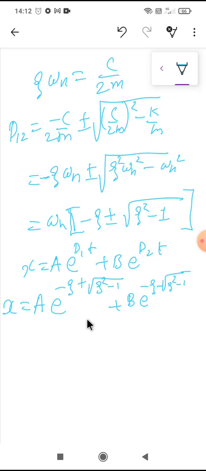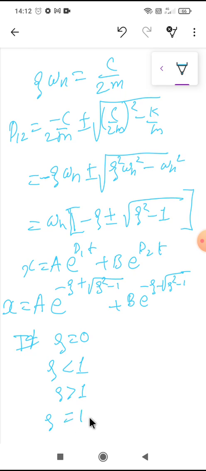Now we will discuss various cases for this solution, that is, if zeta is equal to 0, zeta is less than 1, zeta is greater than 1, and zeta is equal to 1.